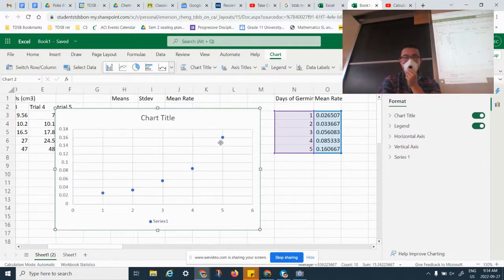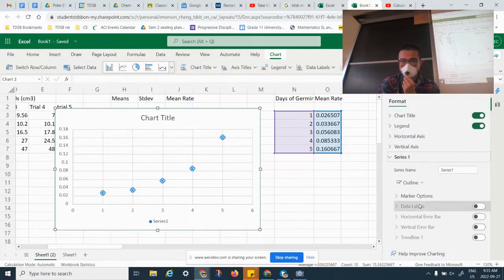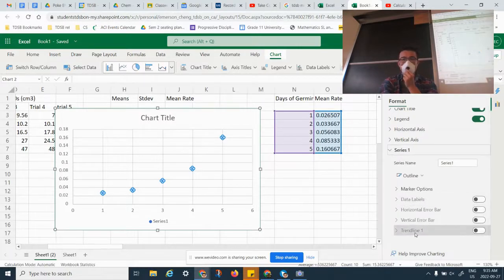So in this case, you will click on this here, and you will add a trend line. Where do I do that? The layout has changed a little bit. So you go to series 1, and then trend line 1. Now here there is a trend line.